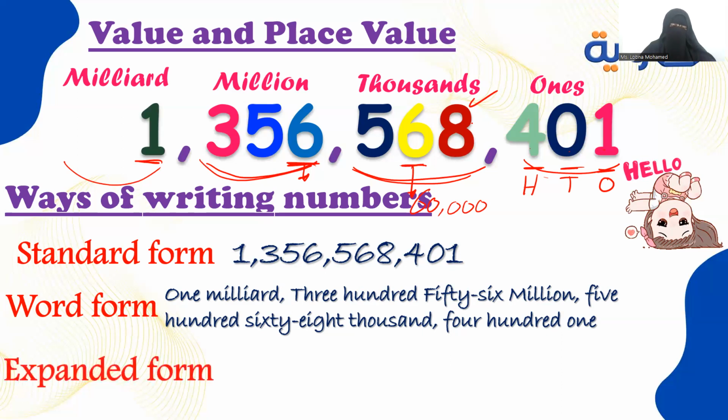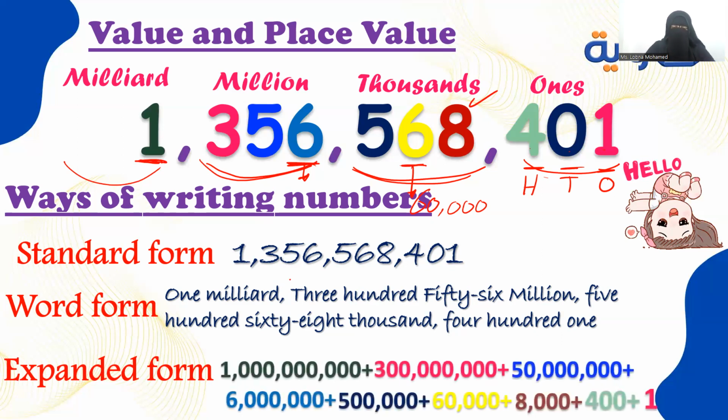Okay, what about the next one? We have the expanded form. How can we write the number in the expanded form? All the time, if I want to write the number in the expanded form, you have to write each digit with its value. So we start with 1. 1 here in which place? It's in milliard. So we can write 1 milliard.